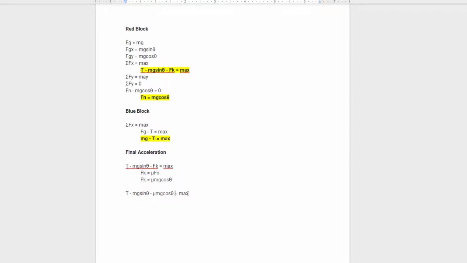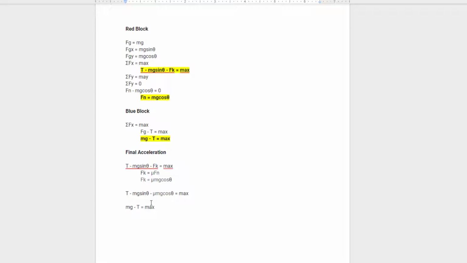So now we need to find a way to get to tension. Luckily, we have a formula for that. We need to solve this formula, mg minus T equals max, for force of tension.